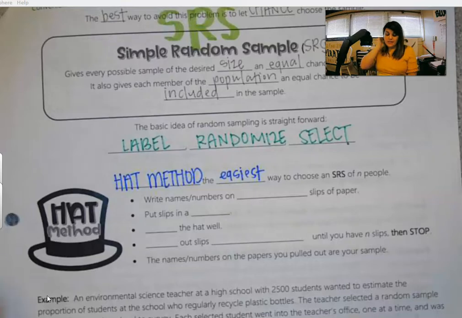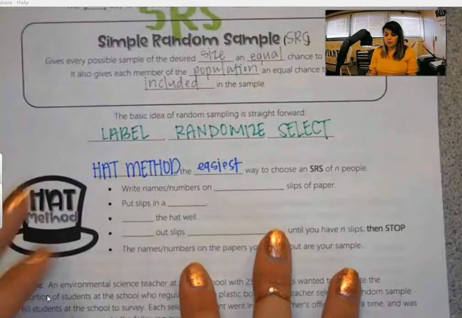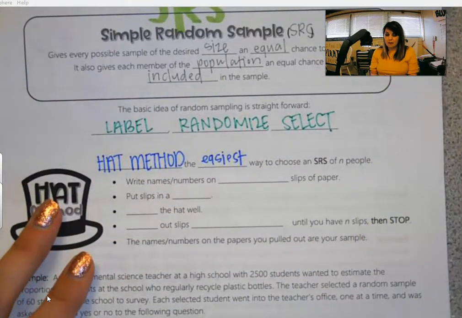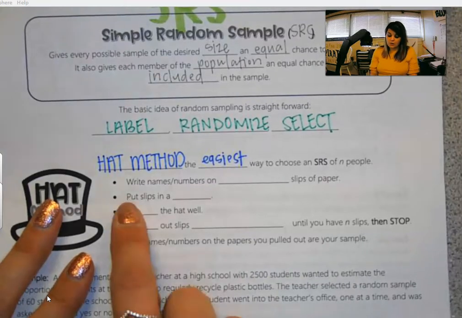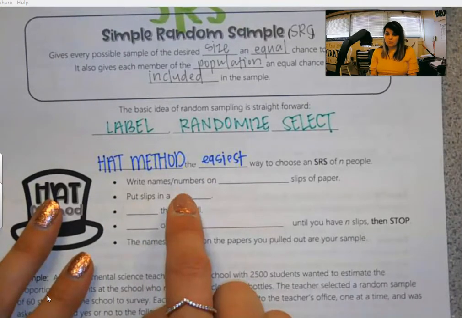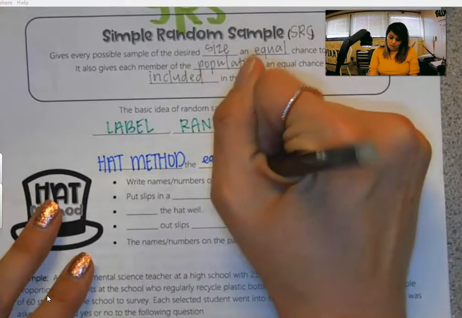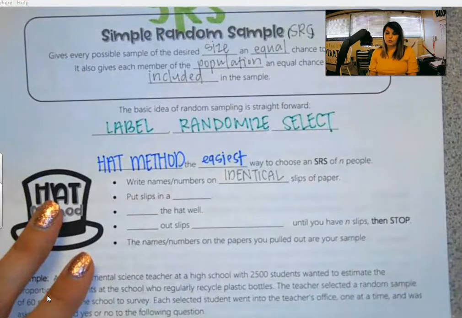So this is the easiest way, and these bullet points are how you would describe selecting a sample using the hat method. Step number 1, we write the names or numbers of our population on identical slips of paper. It is very important that you use the word identical.